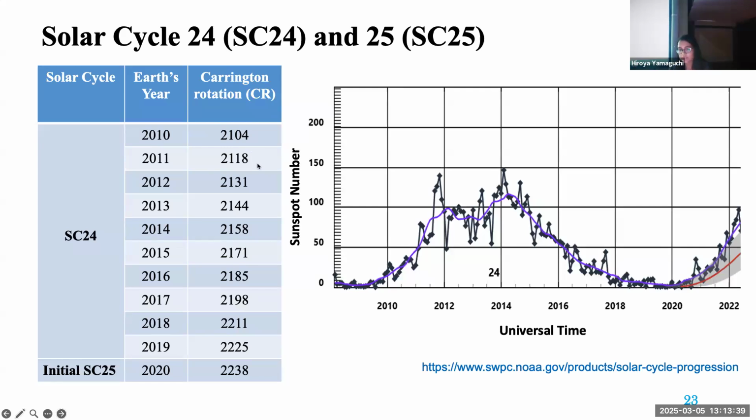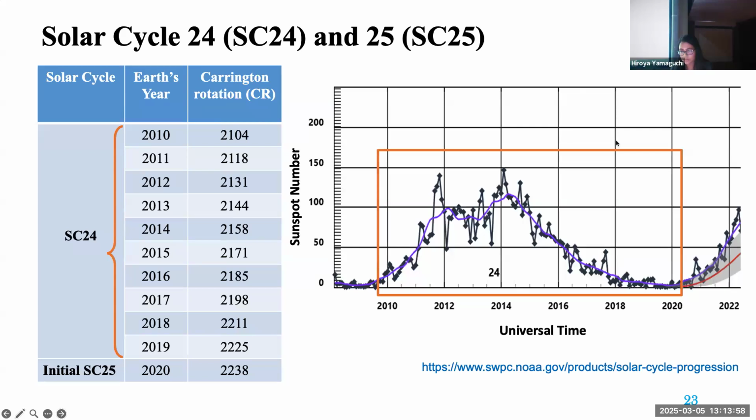Carrington rotation is a system of numbering the Sun's one complete rotation about its axis. This system began in 1853, and currently we are at Carrington rotation 2295. So this is the whole cycle that we have covered for modeling and simulating the polarization.